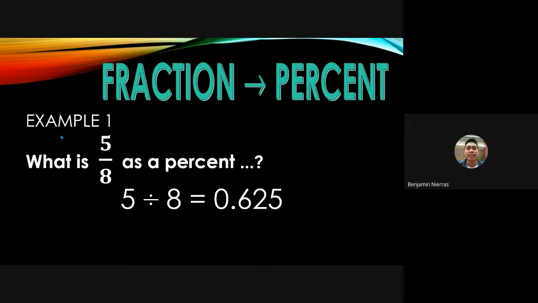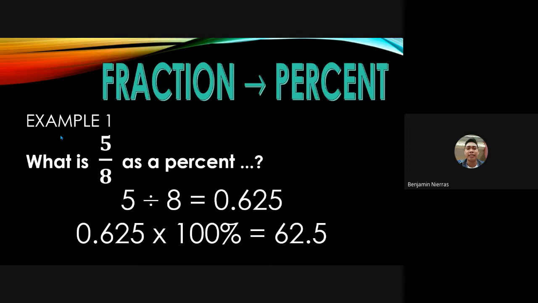So how do we make it into percent form? By simply multiplying it by 100. So 0.625 multiplied by 100%, leaving an answer of 62.5. Since we multiplied by 100, affix the percent sign. If you forget to add the percent sign, your answer is incorrect. 62.5 is incorrect.